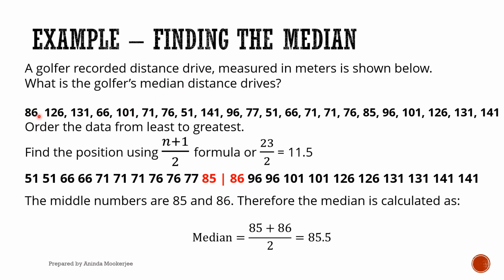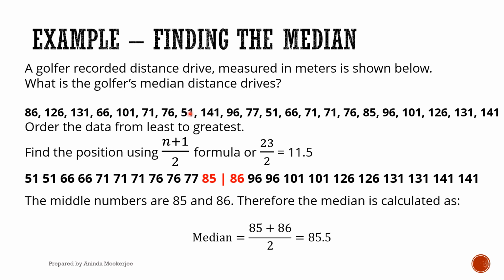And look at the values here, 86, 126, 131. Then we have a 66, which tells us that this data is not ordered. And the first thing we need to do to find the median is arrange our data from the lowest to the highest.